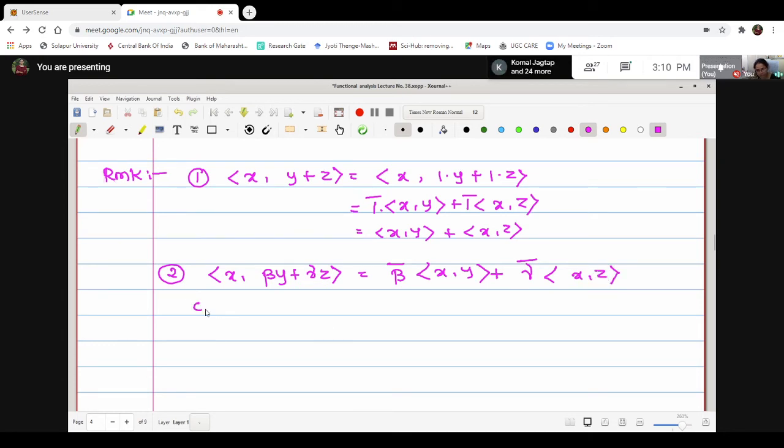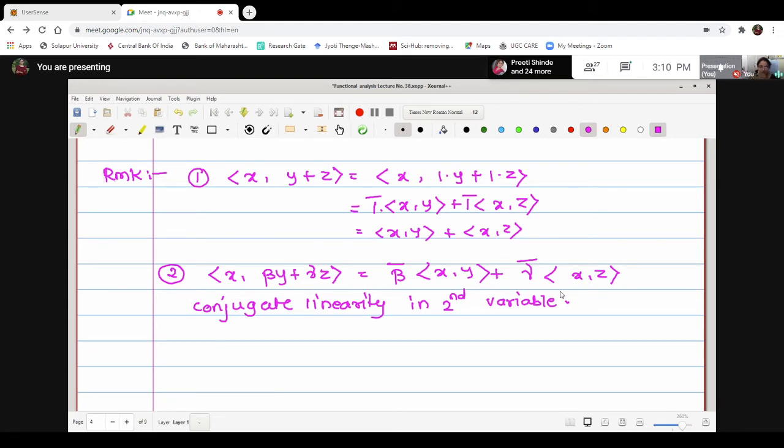This property is called conjugate linearity in the second variable. We know that linearity holds in the first variable itself, but with this property one can say that conjugate linearity is going to hold in the second variable.